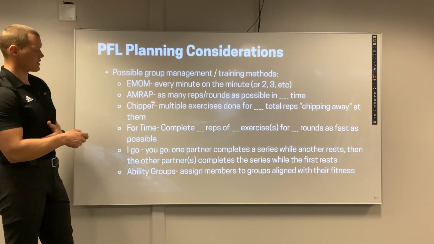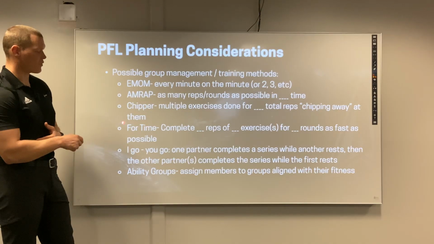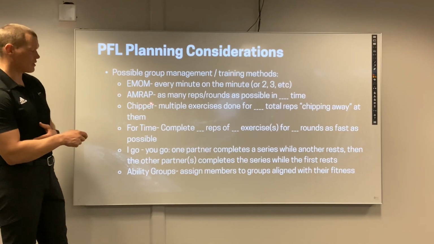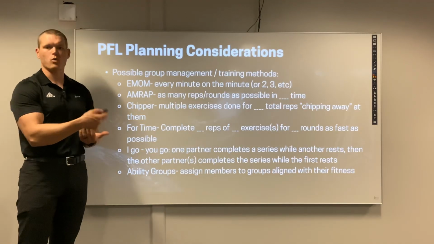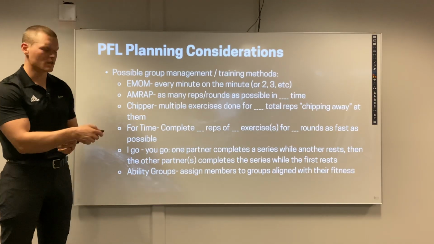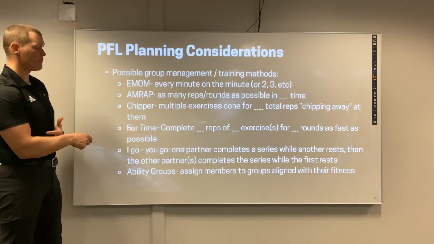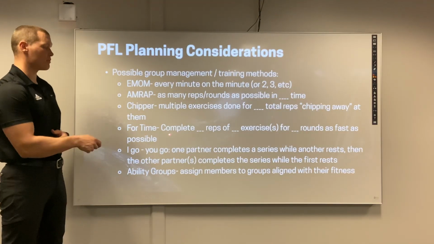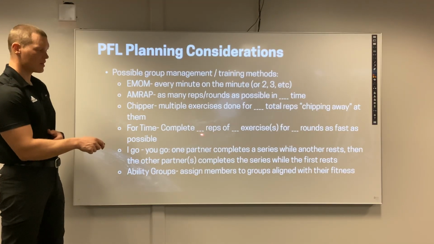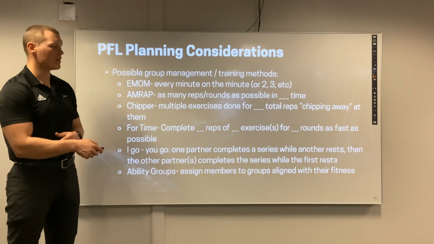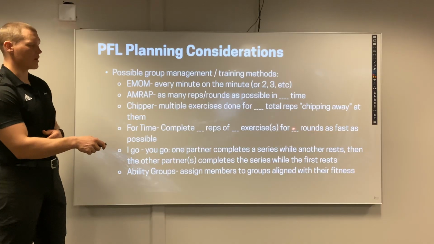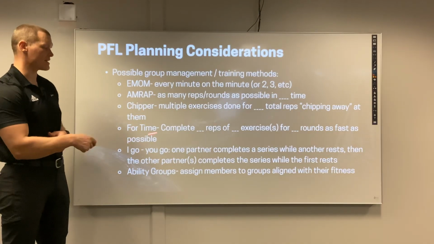Another thing, and this kind of ties into the chipper, is something for time. So you could do a chipper, of course, for time. You're trying to do that relatively quickly. You could also do this for quality or for technical execution. But let's say for time, a for-time workout is generally completing a certain number of repetitions of these specific exercises, plural or maybe even singular, for a specific number of rounds for time, so as fast as possible.